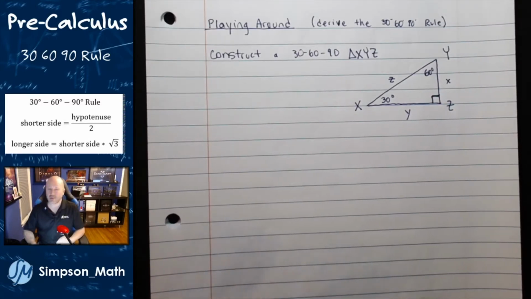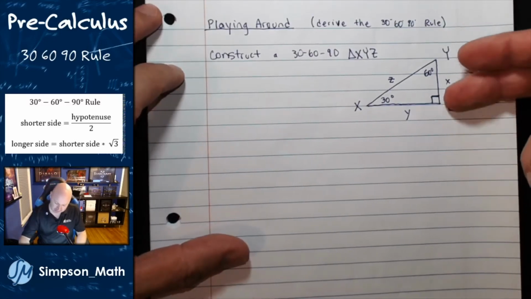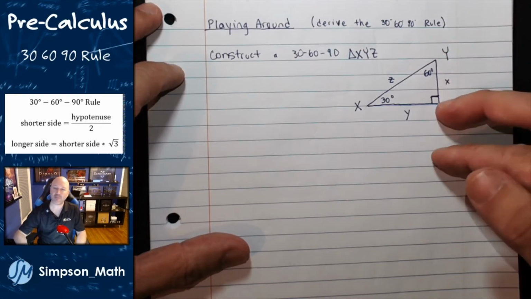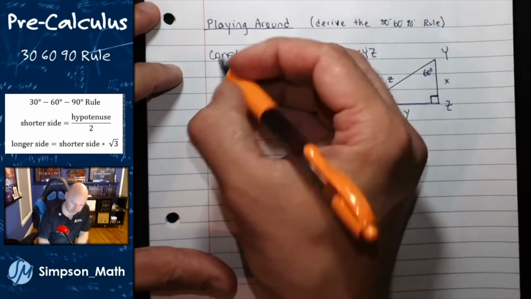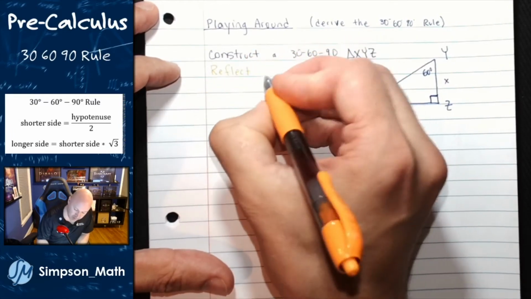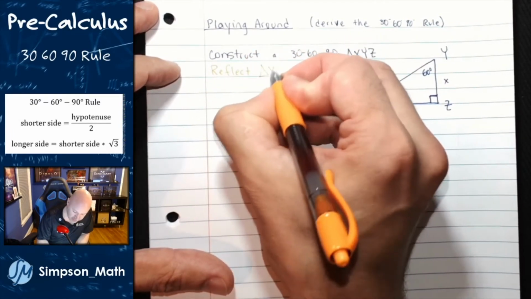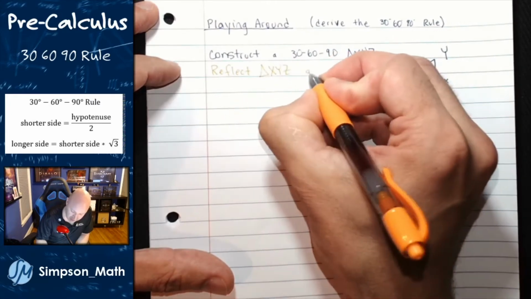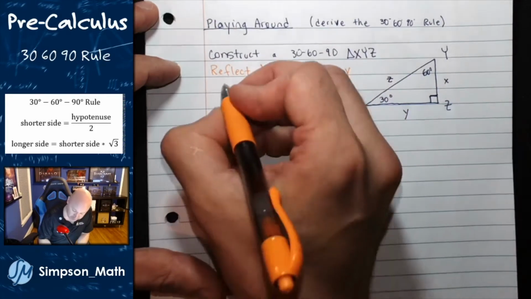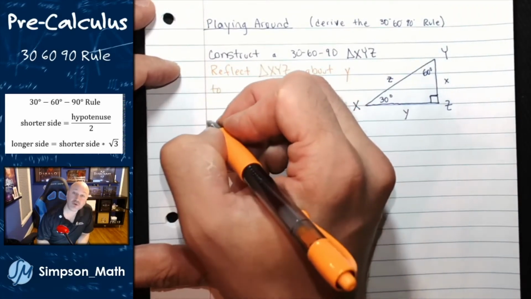And I'm just playing around. I think what I'll do is I'm going to reflect this triangle about Y. So I'm going to reflect triangle XYZ about the side length Y to construct a new triangle.